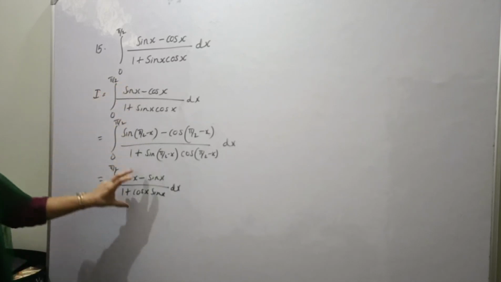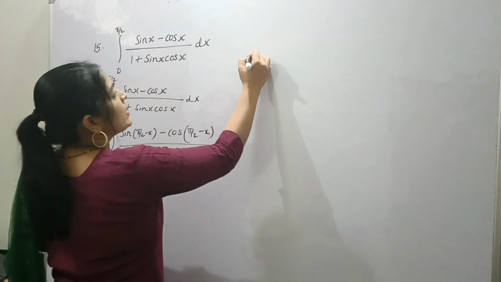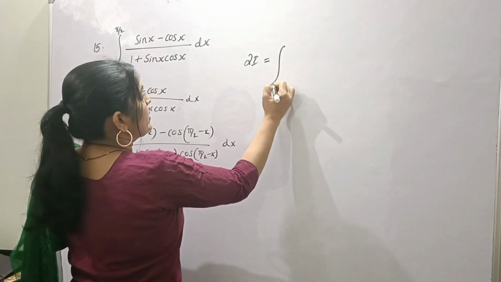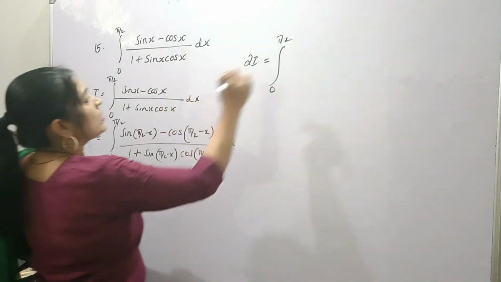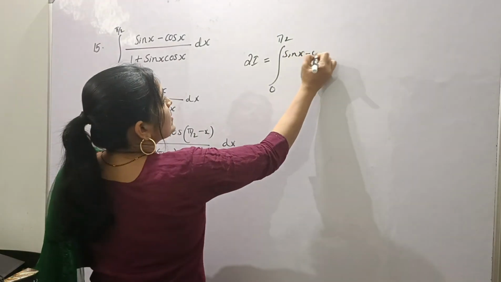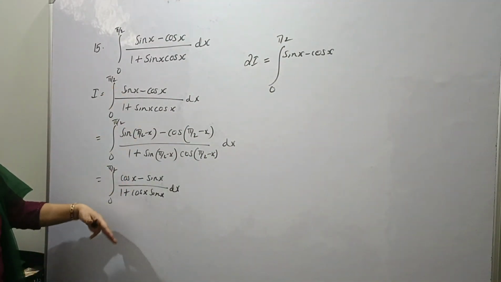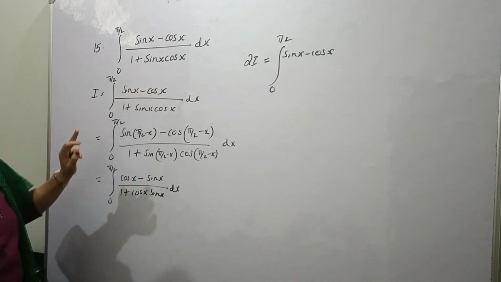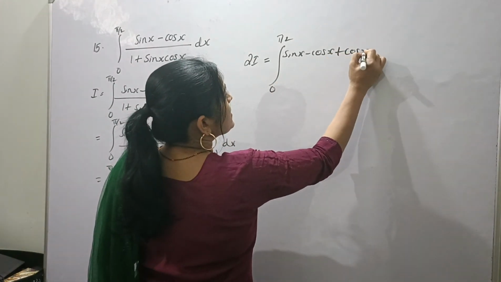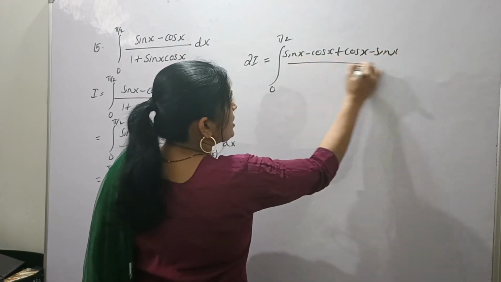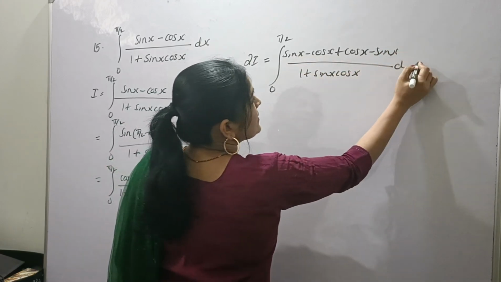So we will add these two integrals, I plus I. That is 2I. So 2I is equal to integral 0 to pi by 2. Add these two: sin x minus cos x plus cos x minus sin x. Okay. Denominators are same, so we can add directly. What is the denominator? 1 plus sin x cos x dx.